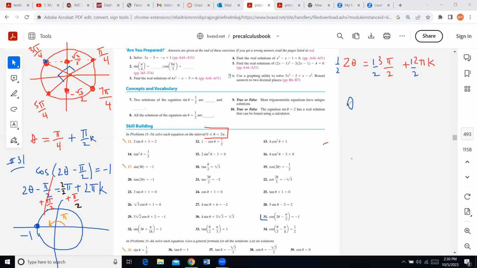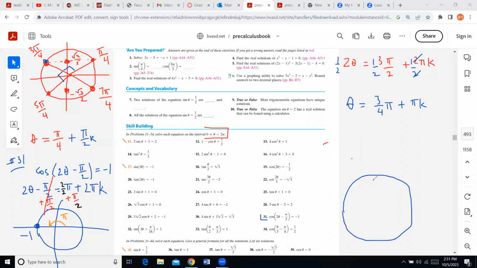So we found what theta is, and this is going to be 3/4 pi, plus pi k, right? So this 2 and 2 cancel. And that's great. So now I can make a picture to see what is actually going on.